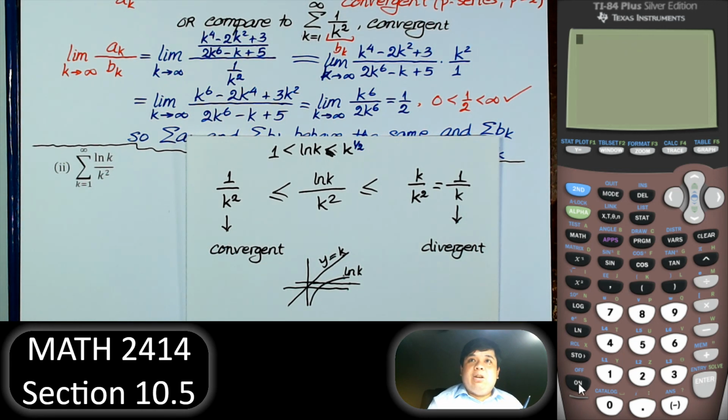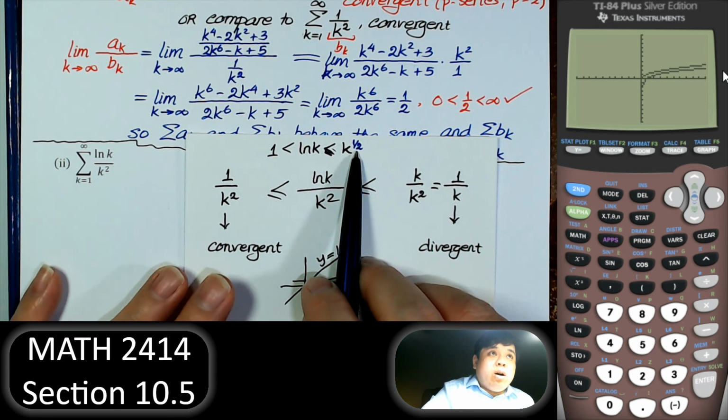So let's take a look at the graph. Function. We talk about ln of x, and square root of x. So the first one is ln, and the square root is going to be greater. Like I said, any power will work.